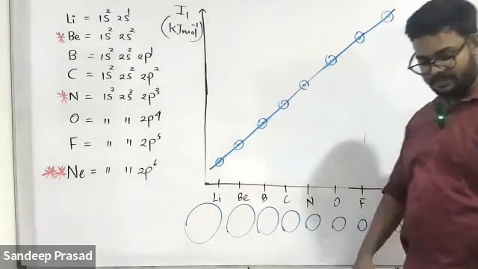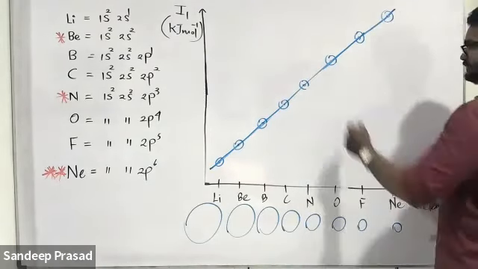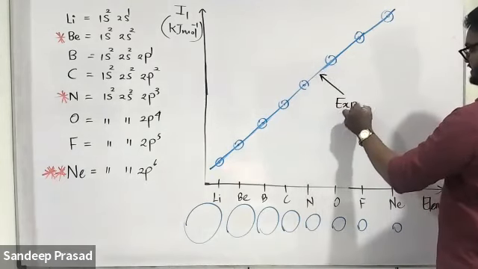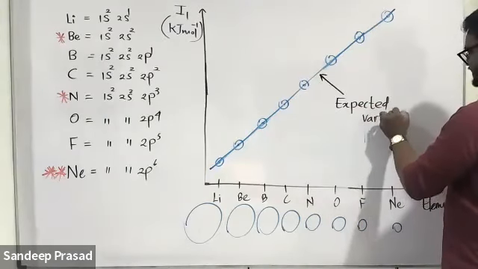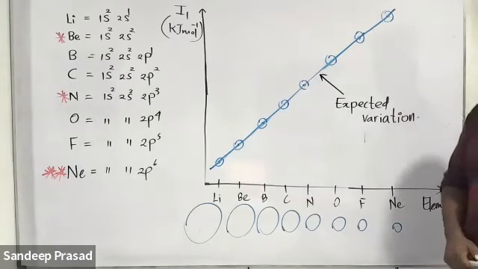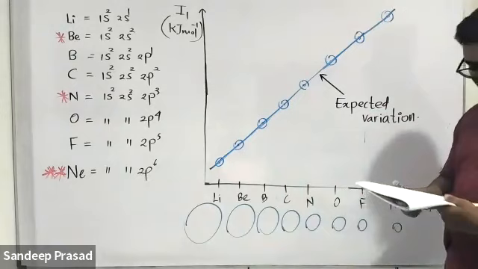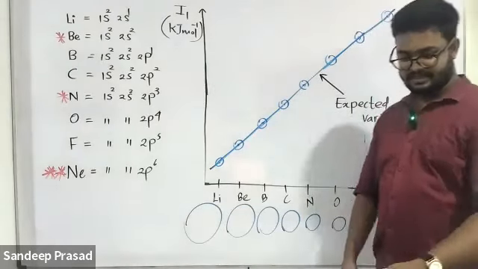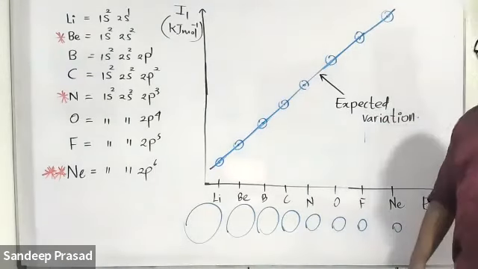Now, remember students, this is not the correct variation. So we can tell that this is the expected variation of the first ionization energy. In the tutorial I have given you, finally, the expected variation and the exact variation. The exact variation of the ionization energy looks like this.